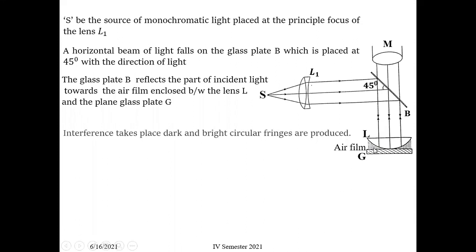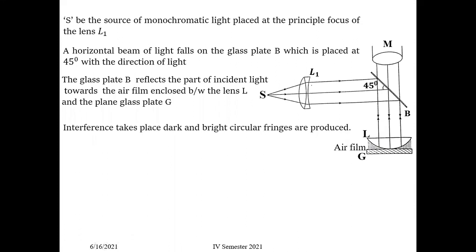Then the interference takes place, and bright and dark circular fringes are produced.